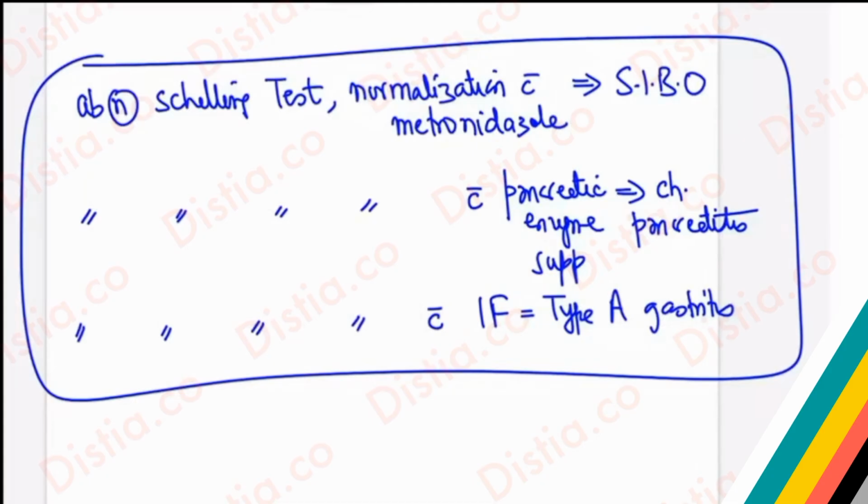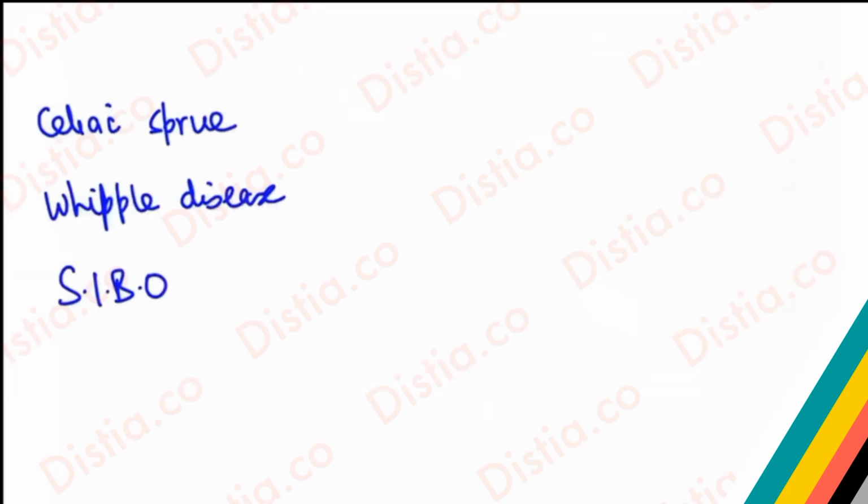If you just highlight the three terms on the extreme right-hand side, you can understand why there's a normalization, because you're treating the problem of the person. You are killing the anaerobes, you're giving pancreatic enzyme supplementation. That is why there's a normalization occurring in each case.